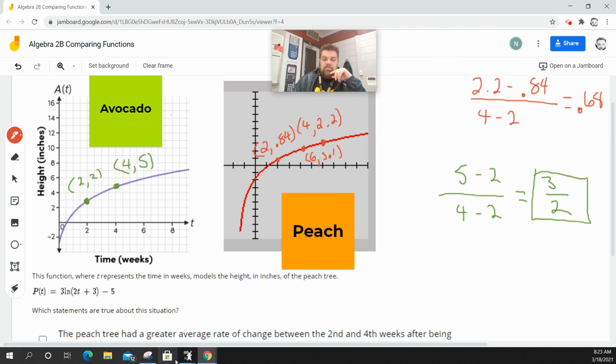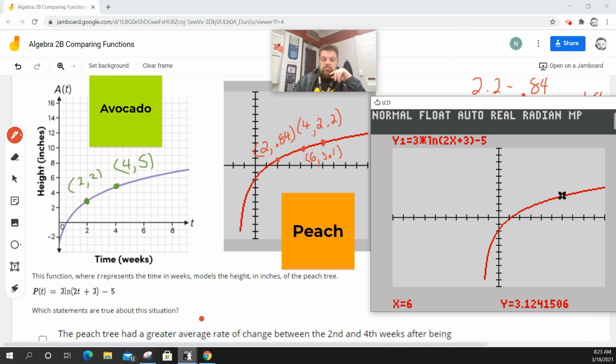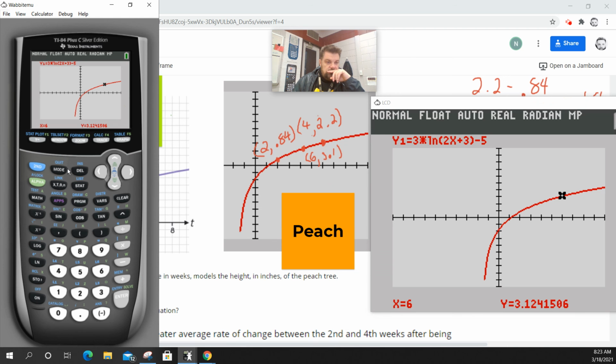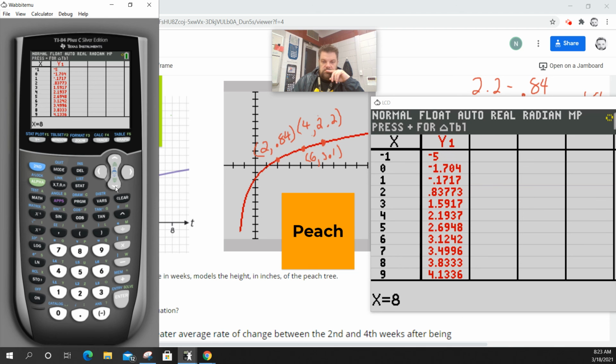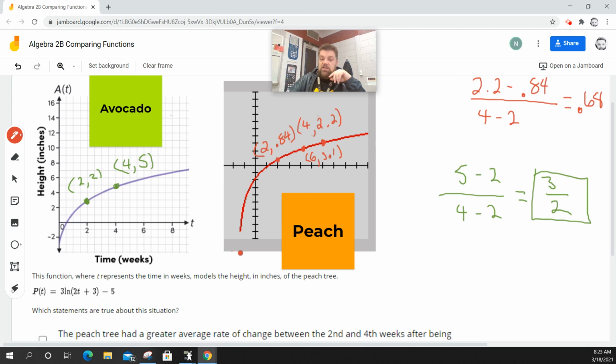And then I got to do the same thing at 10. Now, another way you could look this up is just look at the table of values, right? I could just scroll down here until I get to 10. So it's 4.4, roughly, if I approximate.